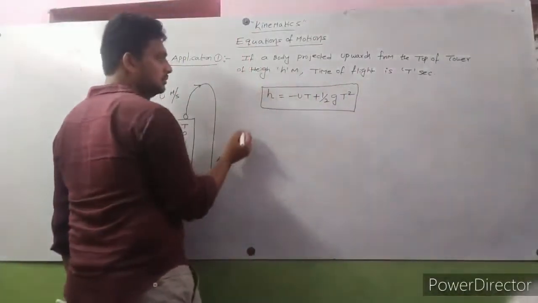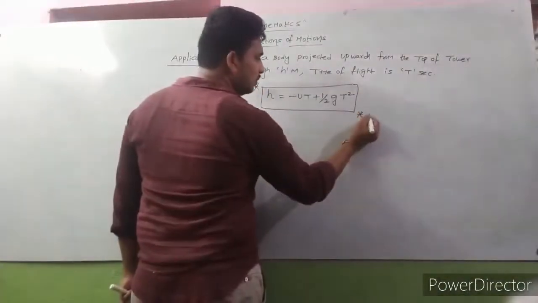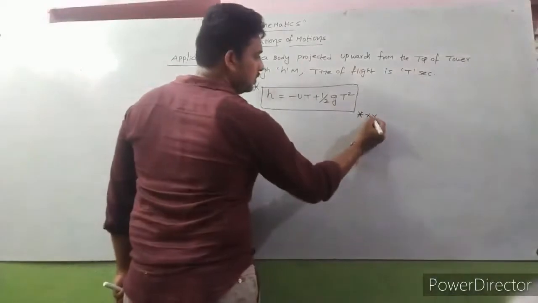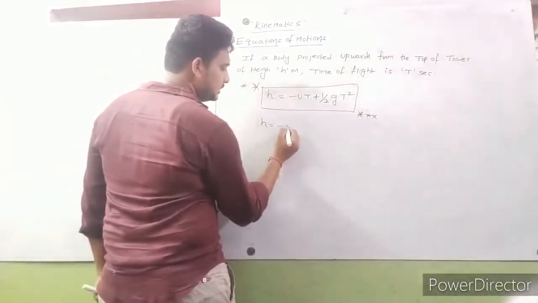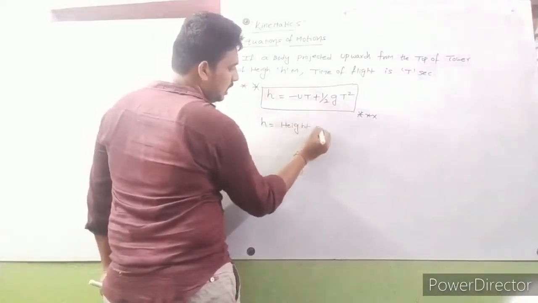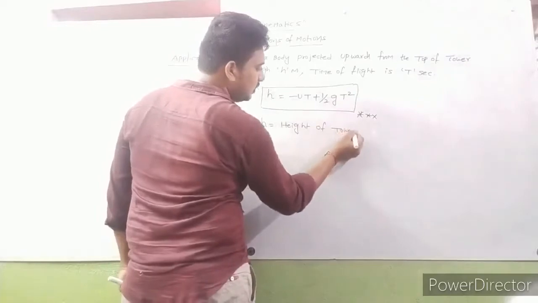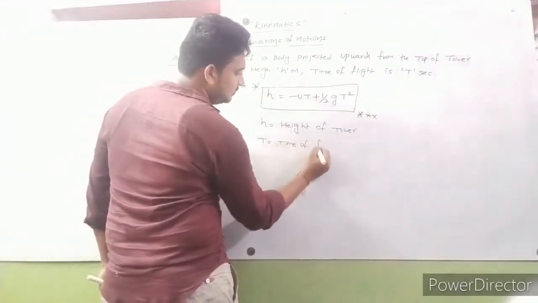In this formula, this is a very important formula. By applying this formula, here minus h is equal to the height of the tower. T is equal to the time of flight.